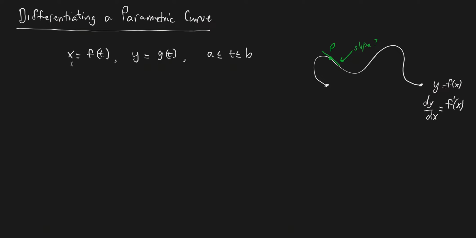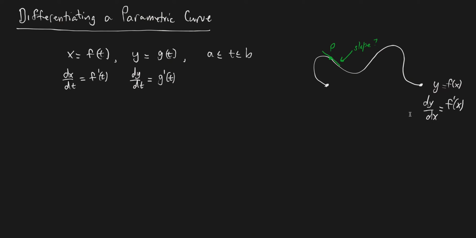So I could write down the derivative of x with respect to t, and that would just be f prime of t. And similarly, the derivative of y with respect to t would just be g prime of t.